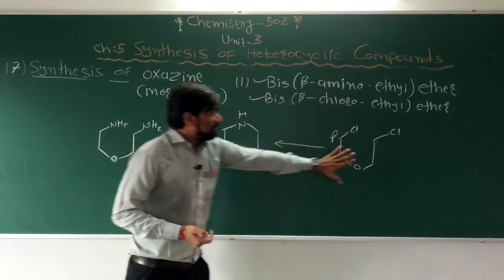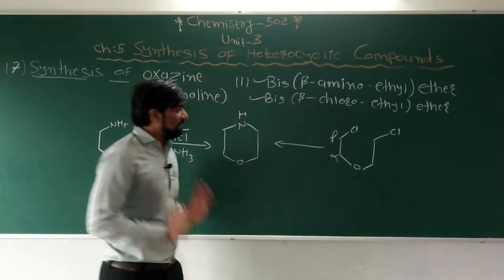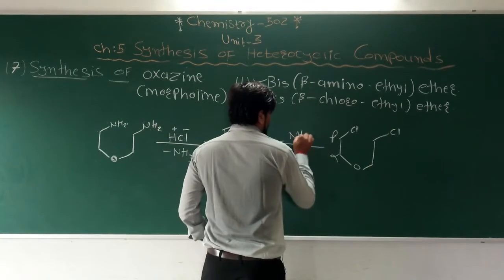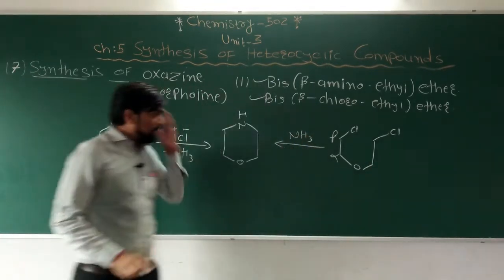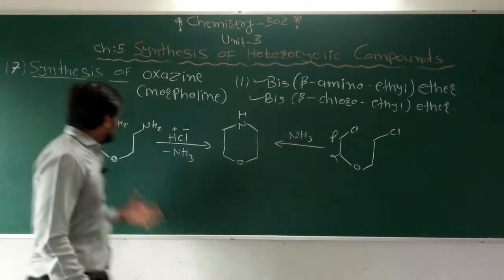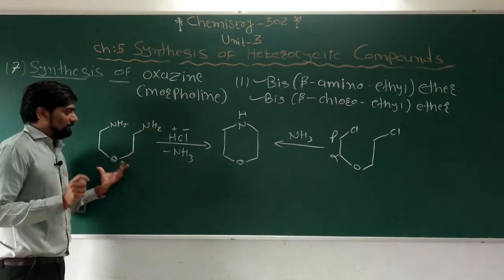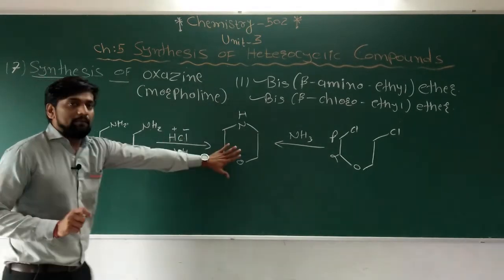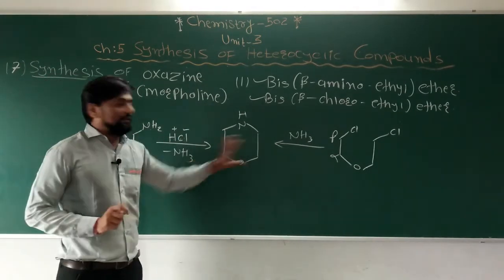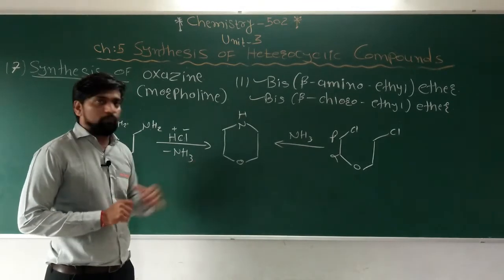So whenever this reagent reacts with ammonia, here we take ammonia. Keep in mind, whenever this compound reacts with the HCl, at that time ammonia will be removed and that type of compound will be formed, meaning morpholine will be formed.